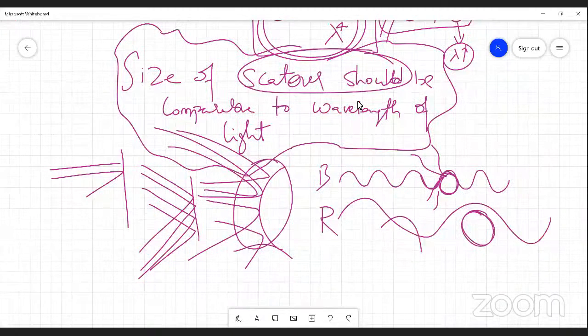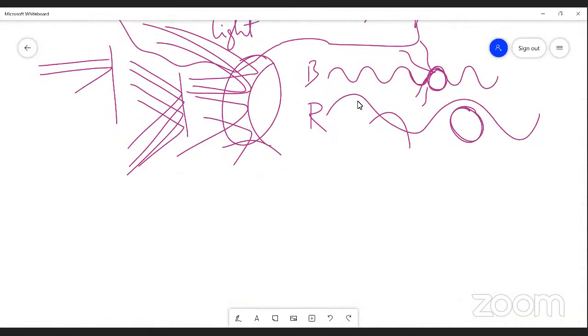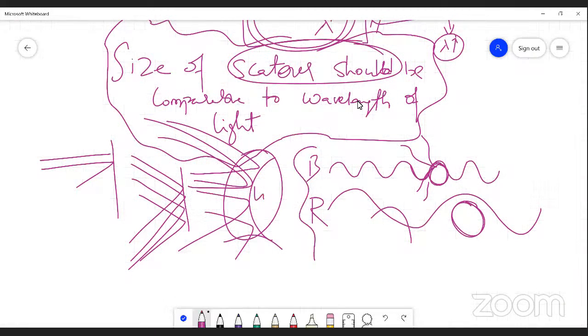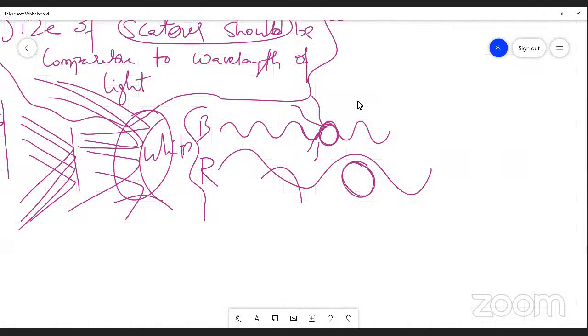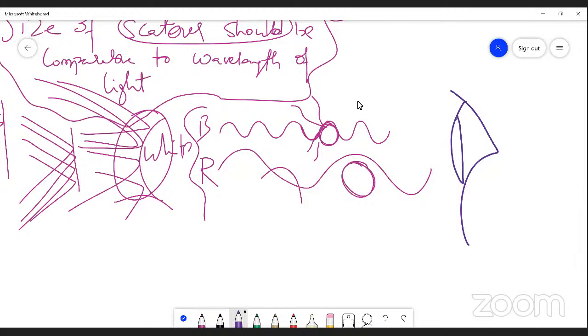For example, this is incident white light. We see the white light scattered by the blue color.